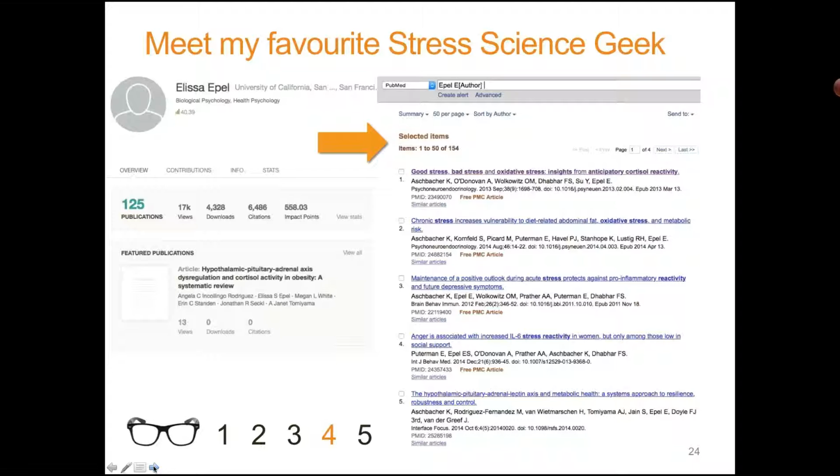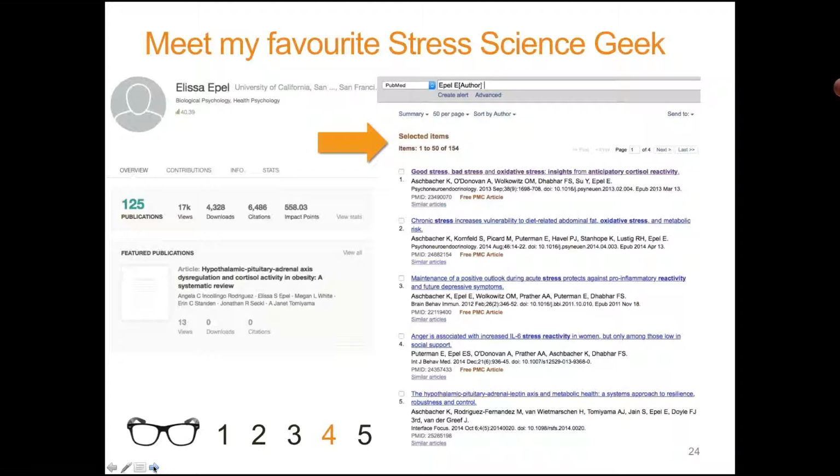I'm sharing with you one of my favorite scientists in stress science. Her name is Elissa Epel from the University of California, San Francisco. She's written quite a few papers on very interesting subjects like telomere length and the effect of mindfulness and meditation on telomere length, the effect of good stress and bad stress on oxidative stress and cortisol reactivity, and the effects of cortisol on different tissues.